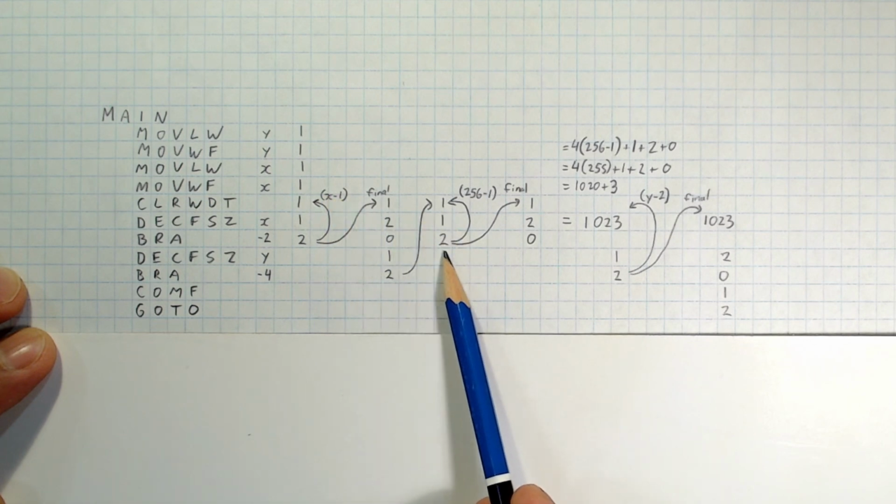Instead, I want to start a new column. The reason I want to start a new column is because the first time we go through this loop, we are setting both the Y and X variable. And then we loop the X variable sufficiently so that it expires down to 0. And then the Y variable will decrement once.